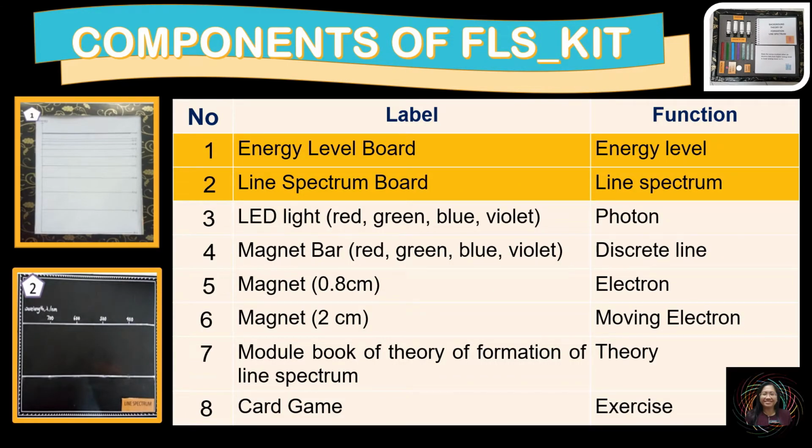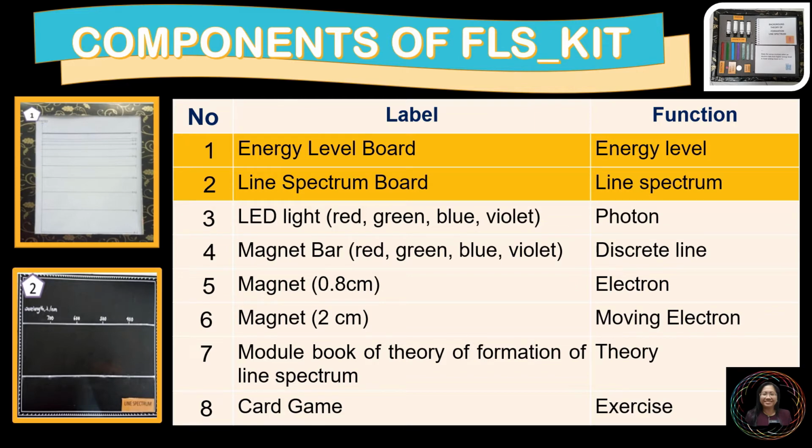To achieve our objectives, the FLS Kit was constructed. The FLS Kit is used to help students to master the learning of formation of line spectrum. It consists of 8 components in one kit.